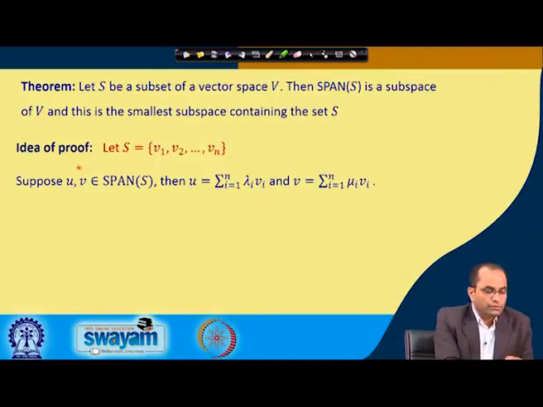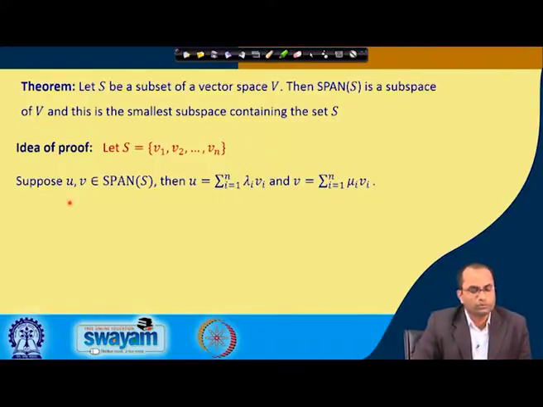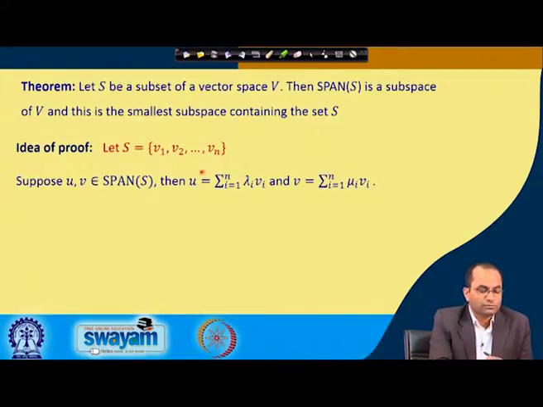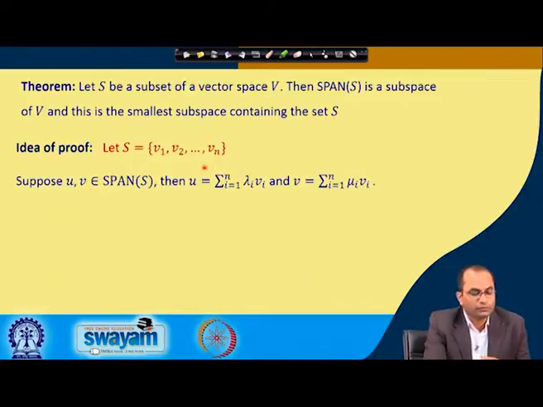So, let us suppose u and v belong to span S. Because u and v belong to span S, we can write u and v as linear combinations of the vectors vi. Here u is written as a linear combination, the sum of lambda i times vi.